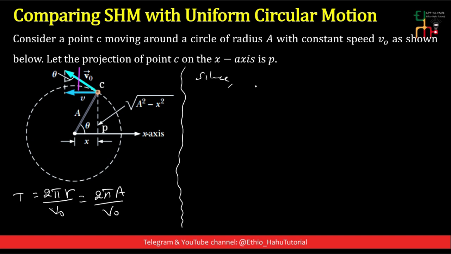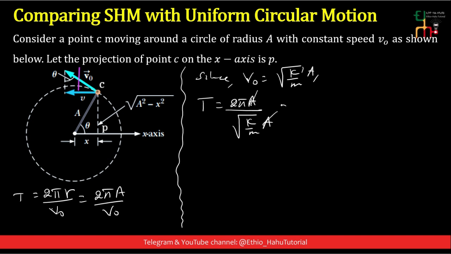Since we have found v naught is equal to the square root of k over m times a, the period of point C to move once around this circle is equal to 2 pi times a divided by v naught, the square root of k over m times a. A goes with a, and this is equal to 2 pi times the square root of m over k.